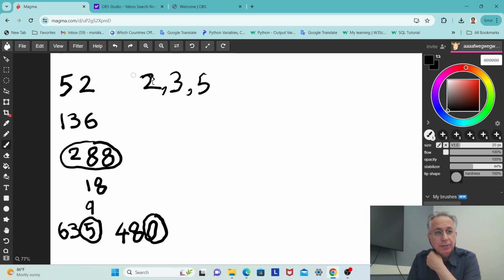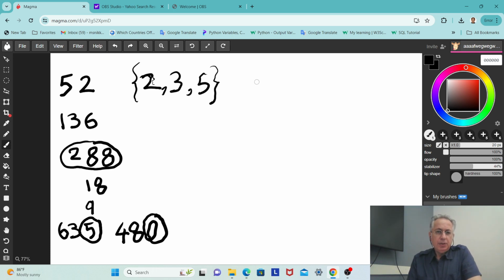These 3 primes are very important. And now you know how to recognize if a number is a multiple of 2 or 3 or 5.